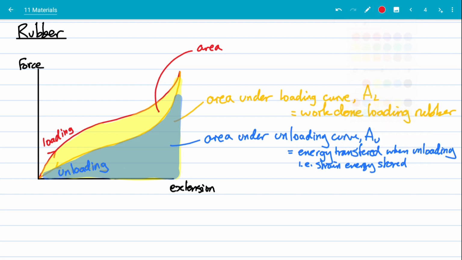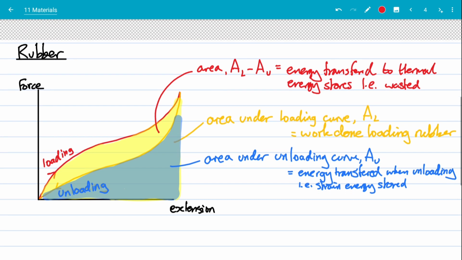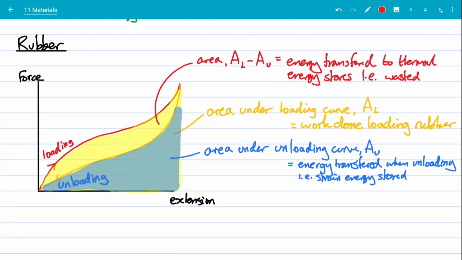So this area here, which is equal to AL subtract AU, that is equal to the energy transferred to thermal energy stored, i.e. wasted. That is the energy transferred by loading and unloading the rubber.